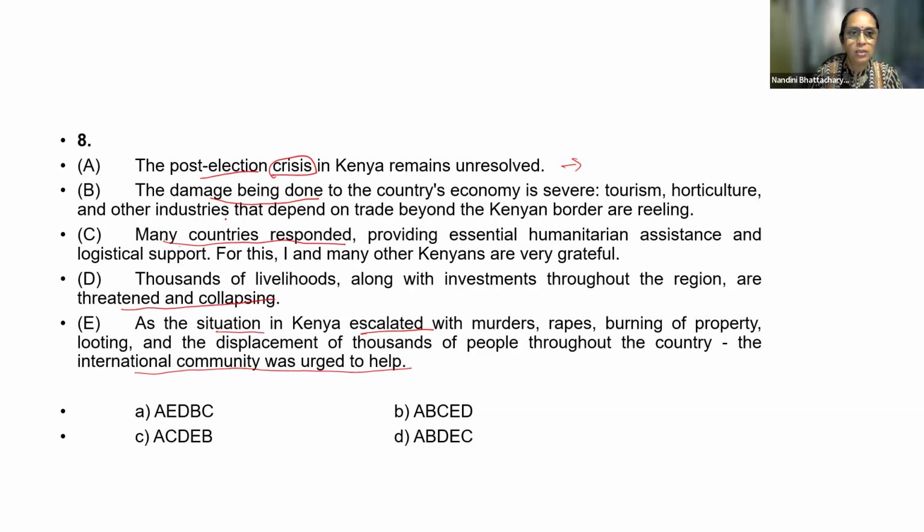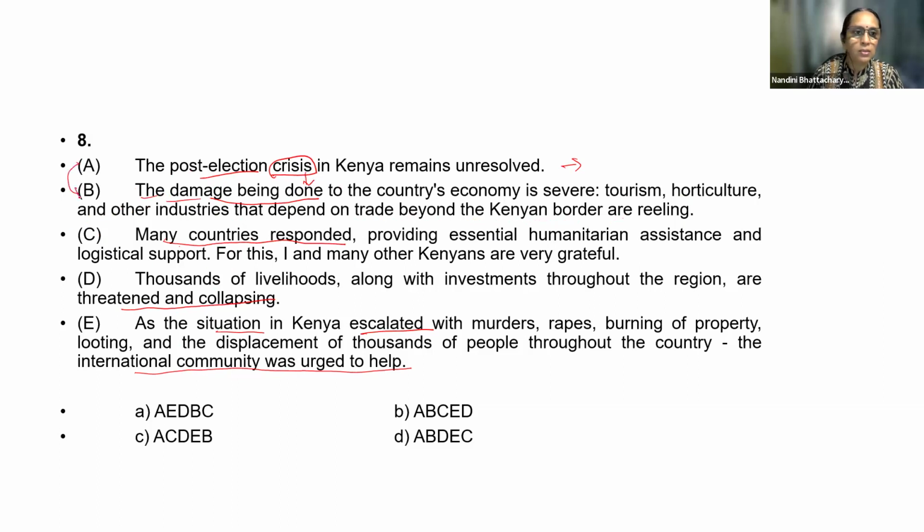Tourism, horticulture, and other industries that depend on trade beyond the Kenyan border are reeling. Yeah, so there is damage done. So post-election crisis is leading to the damage, we can say so. Okay, these may go together.